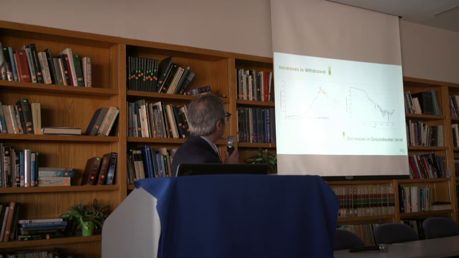Once our program started right about here, the initial program was primarily just documenting everybody's historic withdrawal and saying that's okay for the future, so let's permit you at the maximum yield of your well. As you can see, it spiked up and continued to spike up. That didn't work, right?